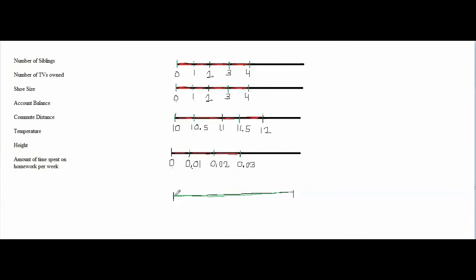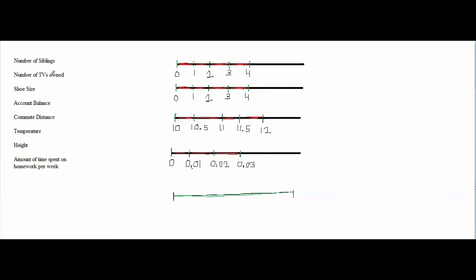I also wanted to talk about what makes a variable discrete instead of continuous. Often the reason why a variable becomes a discrete variable is because some things are only created in certain amounts. For example, people only come in whole numbers. TVs are only made in whole numbers.